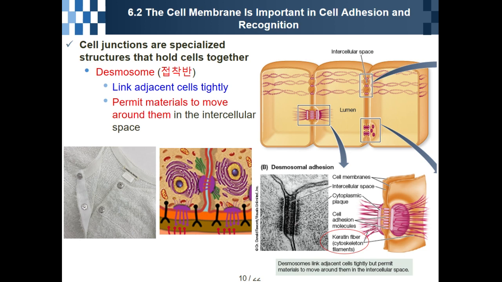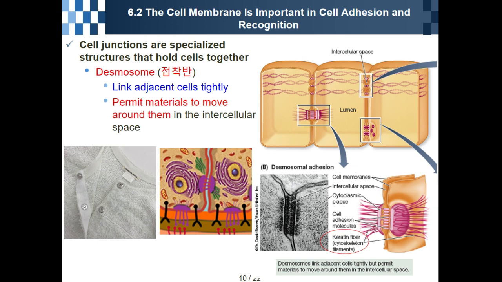However, this link permits materials to move around them. They are not impermeable. Okay? So this is the desmosome, a button like this. Several cytoskeleton filaments bind to this button.